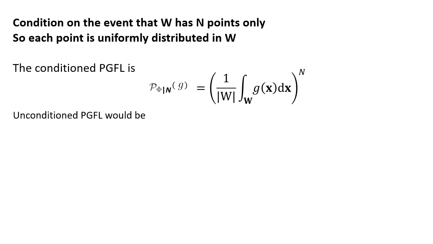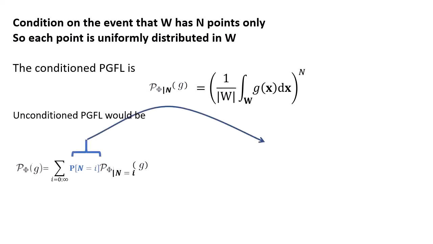Now for the unconditional PGFL, I have to take the distribution of n and decondition it. So the unconditional PGFL G would be, you take the summation over all values of i, you compute the probability that n is i, and then you multiply the PGFL conditioned on n equal to i.